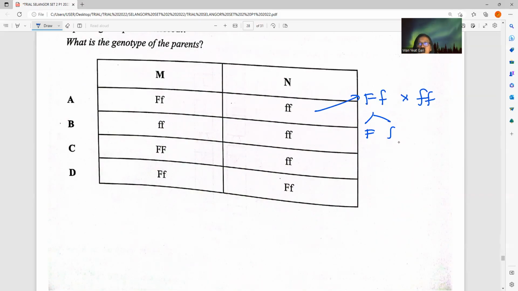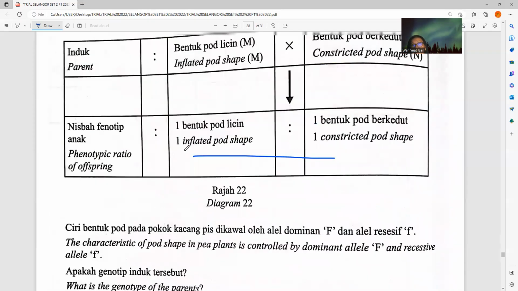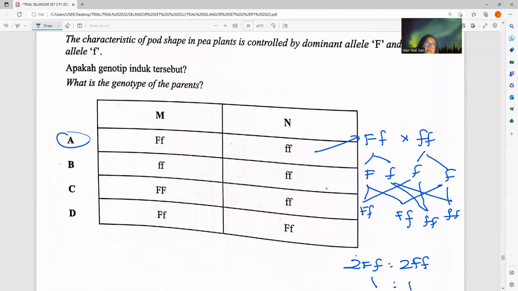So you have F, F, and then this one's F, F. So when this one crosses with this, we get F, F. So you got 2 FF and 2 F. So it's 1:1. Okay, so you will get 1:1, meaning one inflated pod shape and one constricted pod shape. So the answer is A.